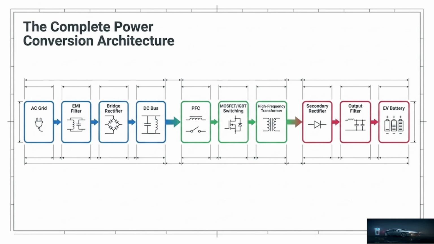Then we divided our whole process into 3 zones, if you can remember. In zone 1 we discussed the EMI filter, bridge rectifier, DC bus capacitor. In zone 2 we discussed PFC, MOSFET IGBT switching, its working, right?